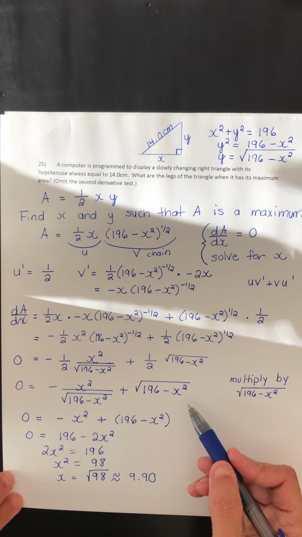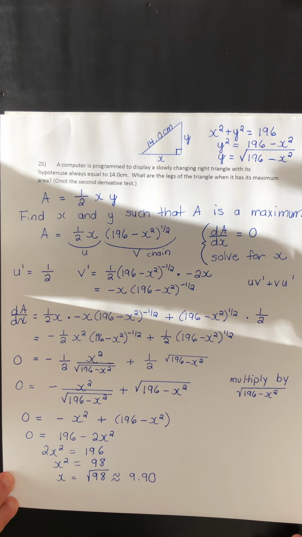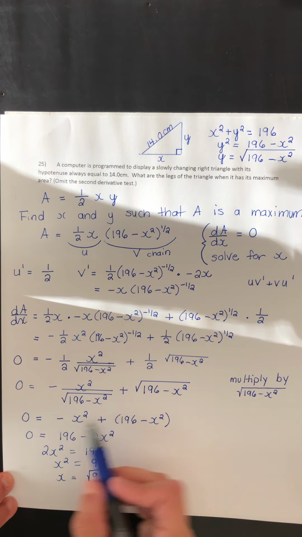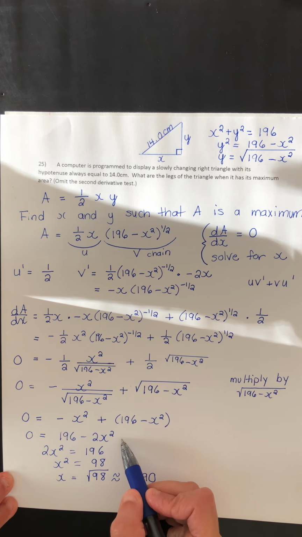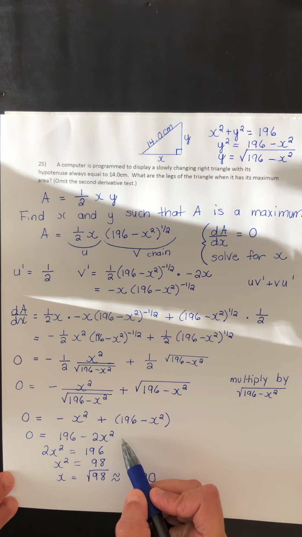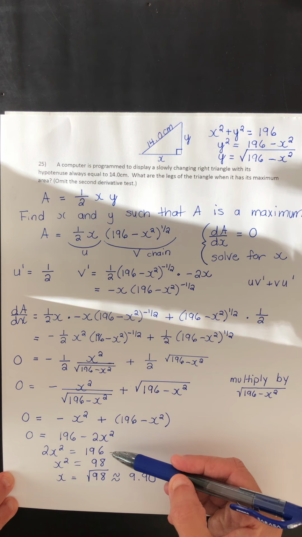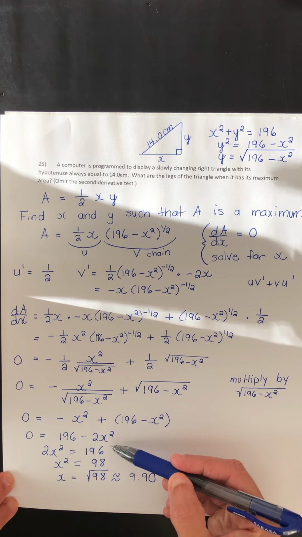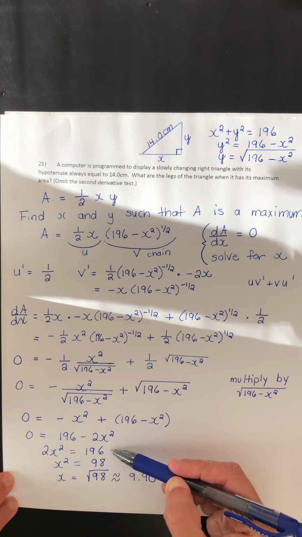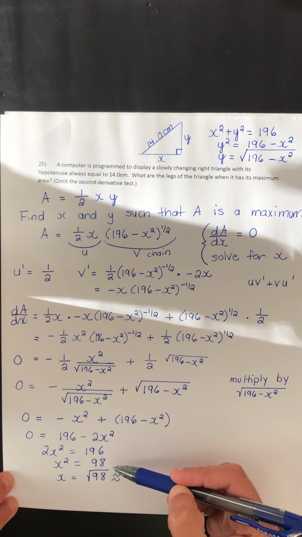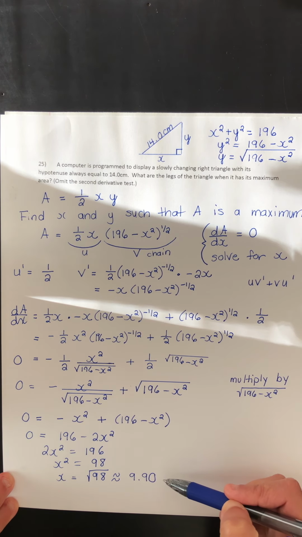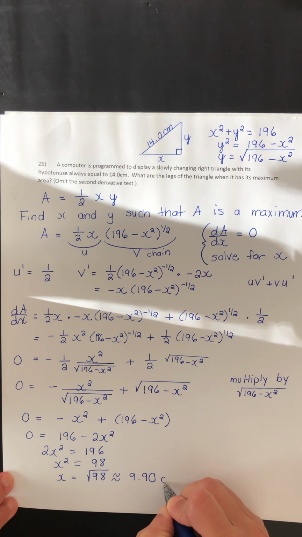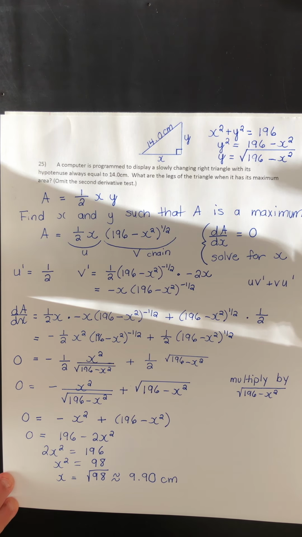That's the same as if you had square root 3 times square root 3, you get 3. Collecting like terms here, I get 196 minus 2x squared. Solving for x, so isolate 2x squared first, divide by 2, and then take the square root. And this would have units equal to centimeters.